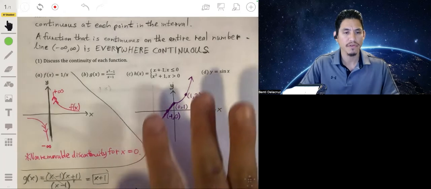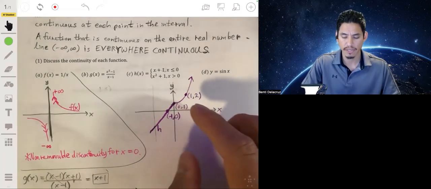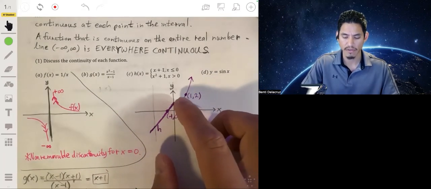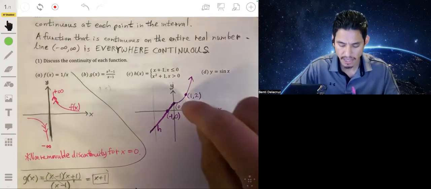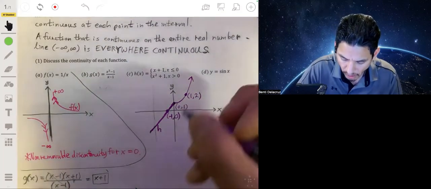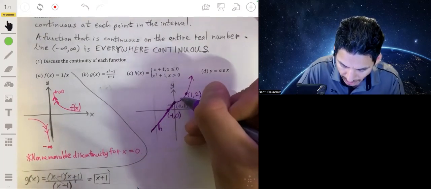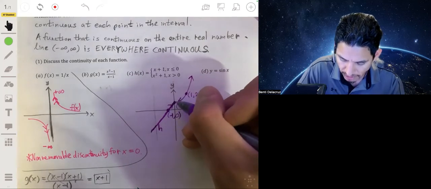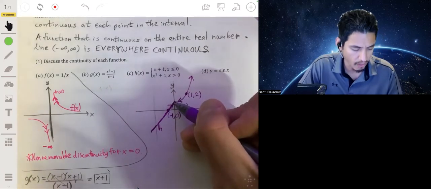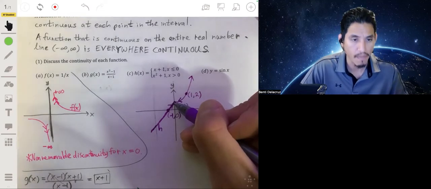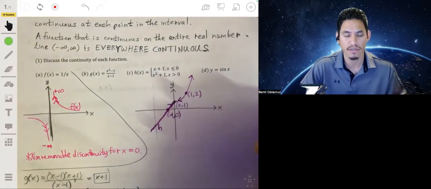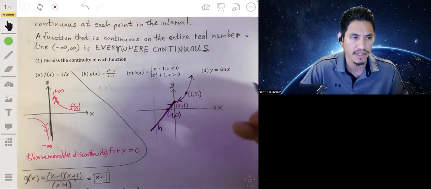So even though this graph has two different equations to the right and left of x equals 0, the graph approaches, and in this case actually equals, the same value at x equals 0. There's no discontinuity, no hole, no non-removable discontinuity, none of that to worry about.